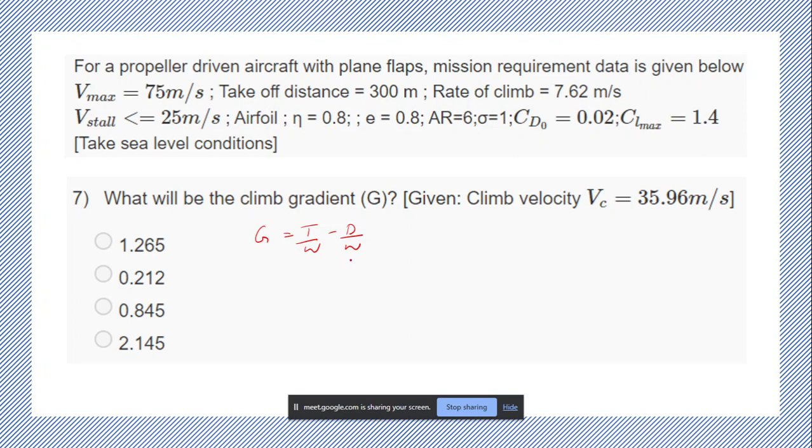Think about it. Look at the quantities given to you in the question. This is the right equation. How do we find out this?